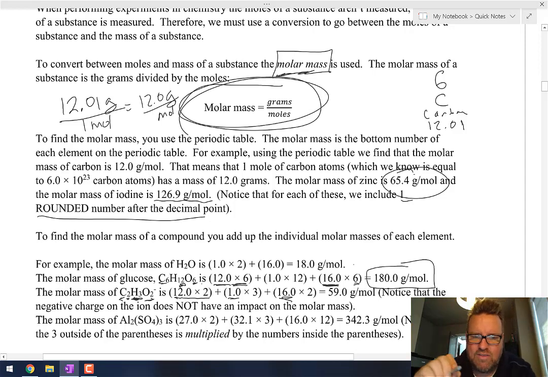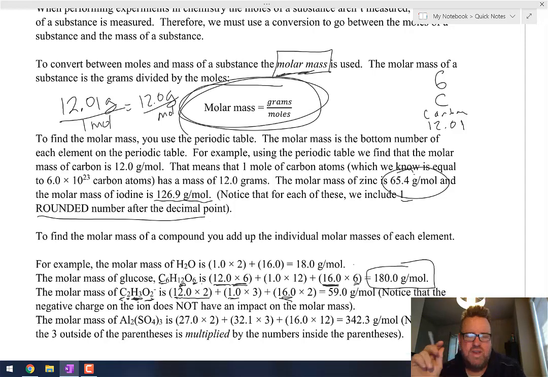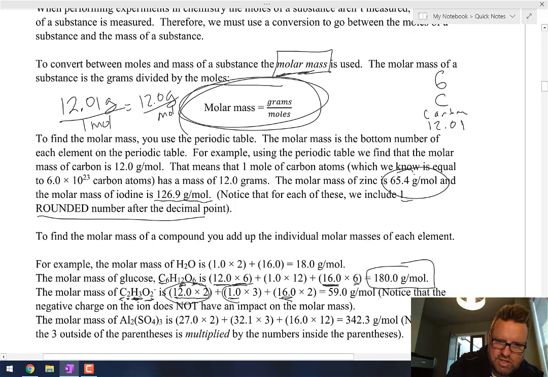Notice that the negative charge on the ion does not have an impact on the molar mass. If you have a negative charge or a positive charge, that does not affect the mass of that particle. Okay, so 12 times 2 is 24, plus 3 is 27, and then 16 times 2 is 32. 27 plus 32 is 59 grams per mole.